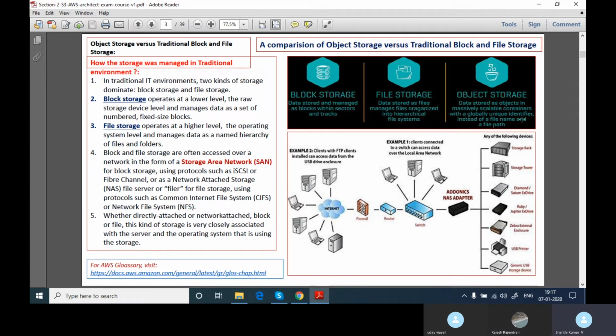Then there is the object storage concept also. Data is stored as objects in massively scalable containers with a globally unique identifier instead of a file name and a path. You might have heard of containers. In reality, take storage containers for shopping malls, not in technology.